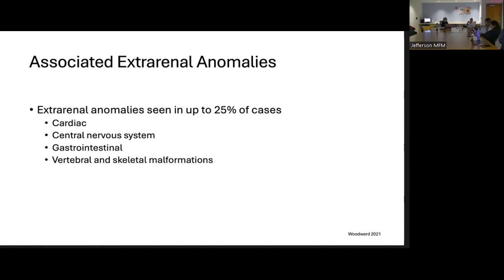The GI by ultrasound is also great. Vertebral and skeletal, probably the ultrasound too. So the only thing is the central nervous system, but we can look for ventricles, corpus callosum, posterior fossa. If you're not seeing anything concerning there, what is the yield?